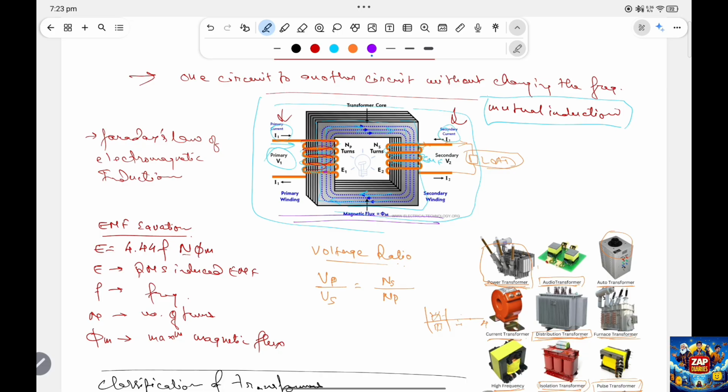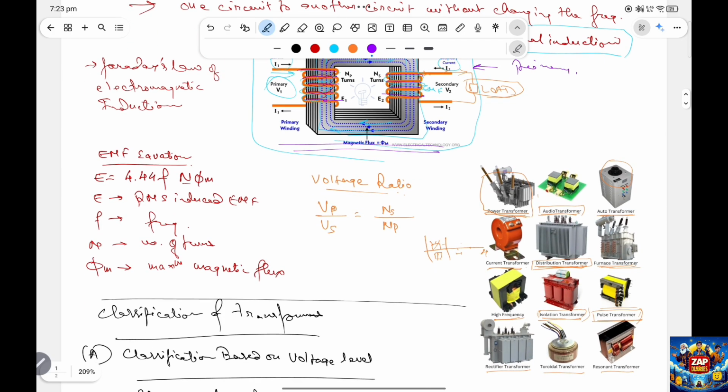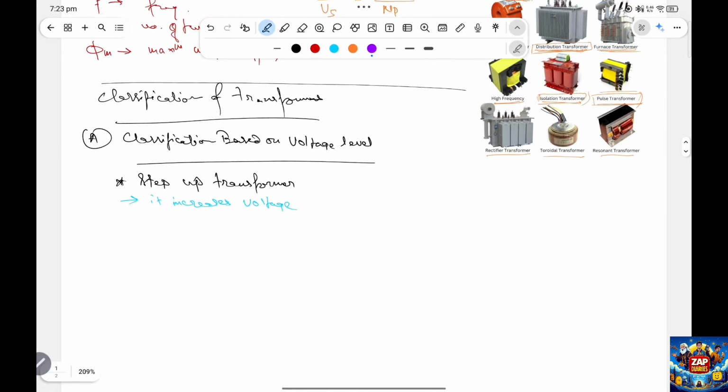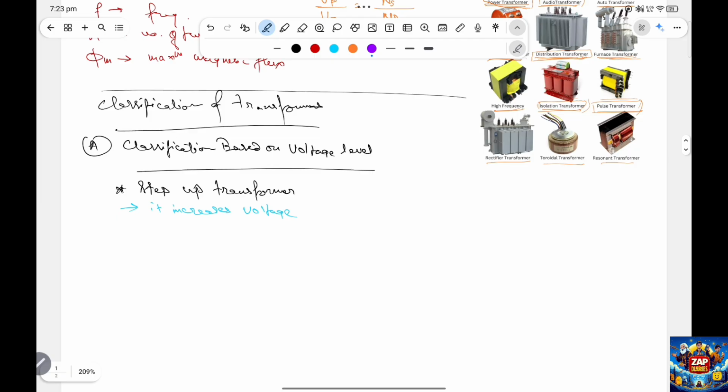If you reverse this image, or you consider this side as a primary, so the number of windings it will have is 1 2 3 4, and in the secondary it will have 1 2 3 4 5. So this is how a step-up transformer looks like: in the primary side the number of windings are less, and in the secondary side the number of windings are typically more.